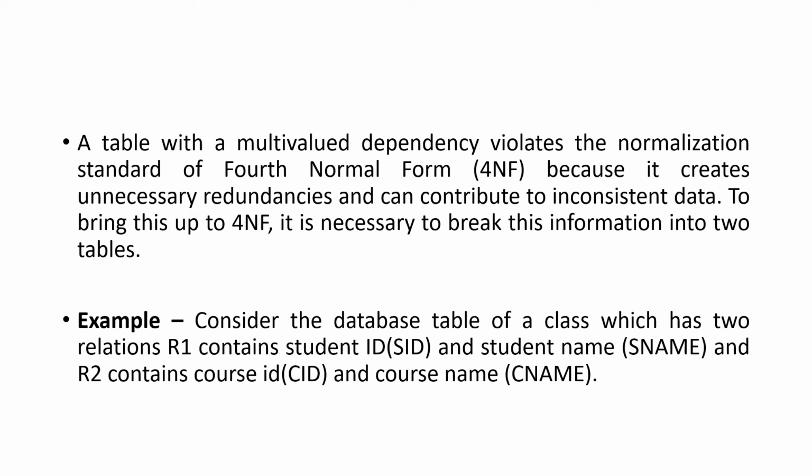Now we are considering an example. Consider the database table of a class which has two relations. R1 contains student ID, SID, and student name, SName, and R2 contains course ID, CID, and course name, CName.